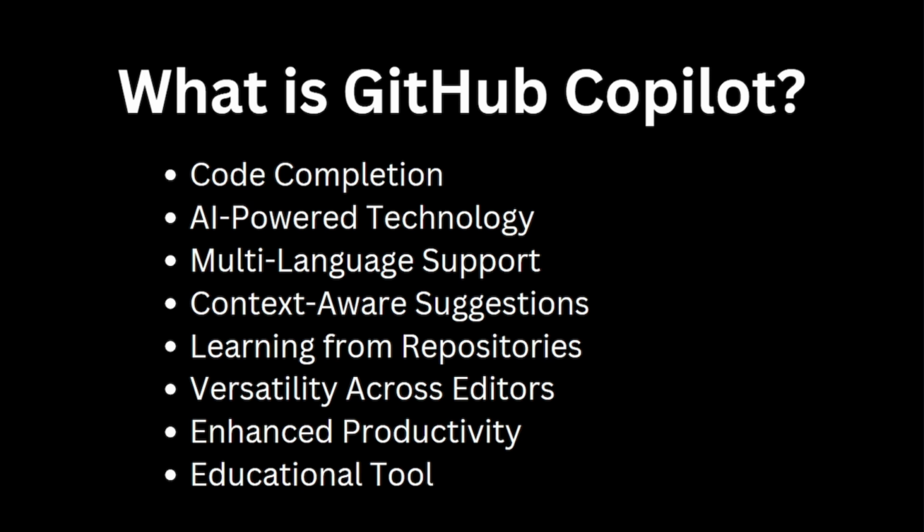For the use cases of GitHub Copilot, it is very valuable for quickly creating functional prototypes and proof of concept projects. Like I said before, it is very useful as an educational tool, which is ideal for developers who are learning a new programming language or framework.